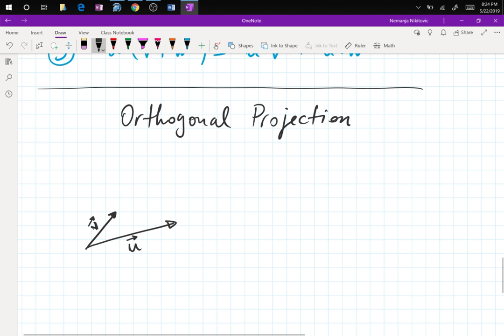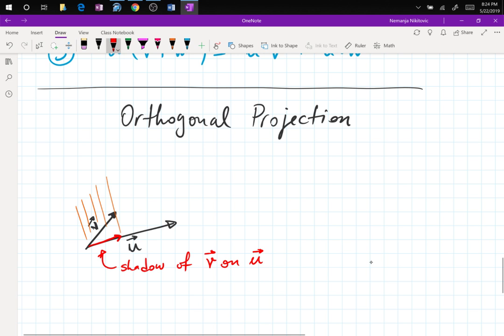And what you do is you shine the light perpendicular to vector u, which creates a shadow of vector v on vector u. You are familiar with the concept of the shadow.